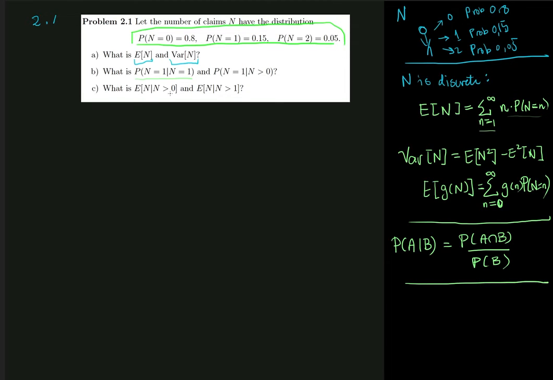And last but not least, we will also be asked to find the conditional expectations. This is kind of a new concept for you guys. So in this exercise, let's start by calculating it and writing up the definition, and then we can go deeper into the interpretation a bit later.